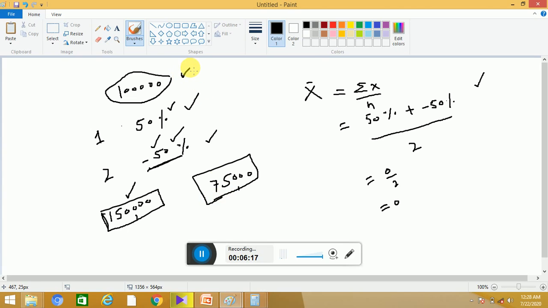Now see, our initial amount was 100,000 and our closing amount is $75,000, so there is a loss. But arithmetic mean is telling us that there is 0% profit, no profit, no loss. But actually there is a 25% loss.